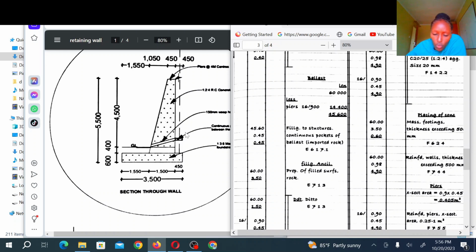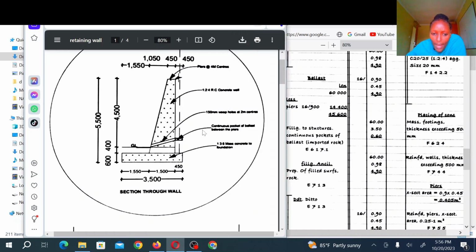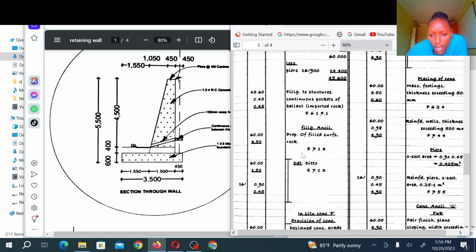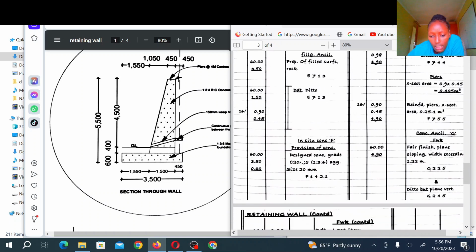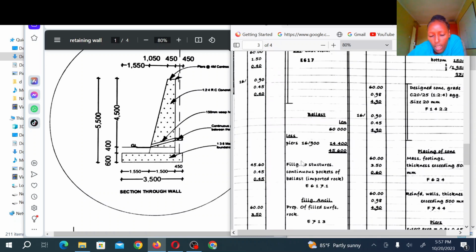Then the ballast, we had been told, the width of it is 450. The ballast does not go the full length. It is just like a square, so it shall be 450 by 450. But the length of the ballast shall be the length between the piers. So for the ballast, it shall be the total length between the piers.